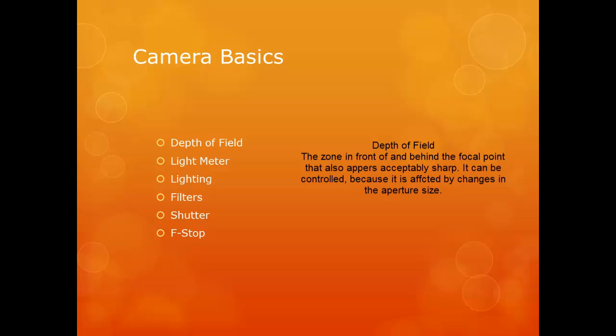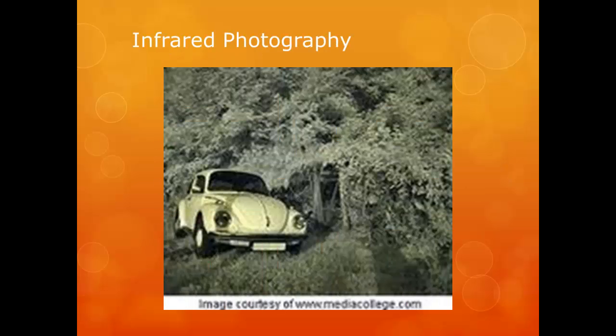For instance, depth of field refers to the zone both in front of and behind the focal point that also appears acceptably sharp. It can be controlled because it is affected by changes in the aperture size. Techniques for crime scene photography are affected by issues such as the size of the scene, lighting conditions, weather, the scene location, any possible hazards that exist, and visual clarity of the items to be photographed.